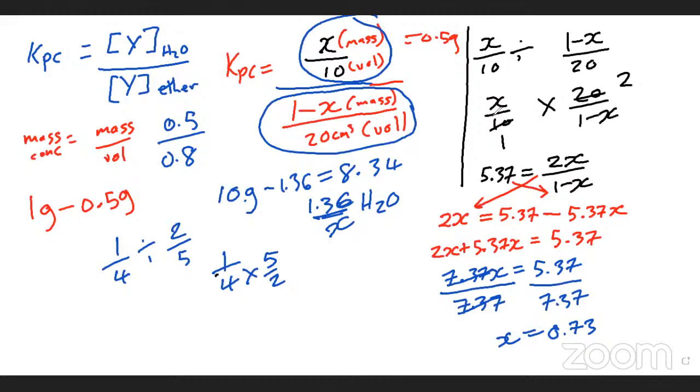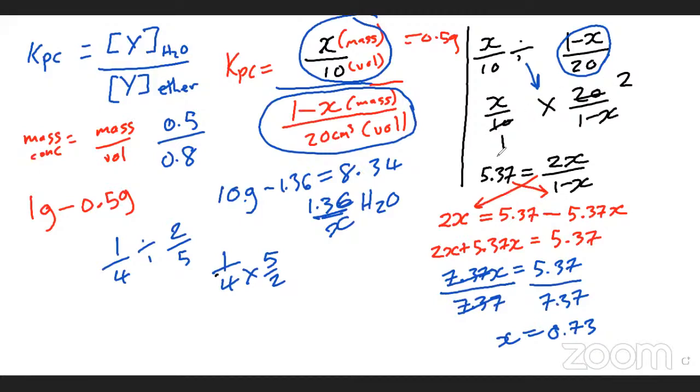That is why it's now x over 10 times 20 over 1 minus x. So we flip this side: this changes to multiplication, and this part you flip it. Once you do that, if these two have any numbers in common, you can simplify it.